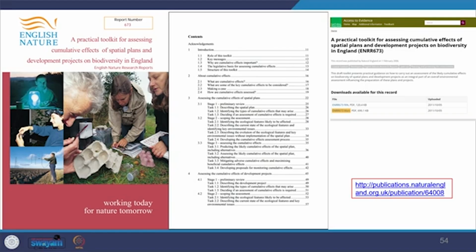And then you can see how you take care of spatial plans, what stages you follow, and it gives you the whole range of how you assess cumulative effects. So these guidelines are available for domain-specific areas.